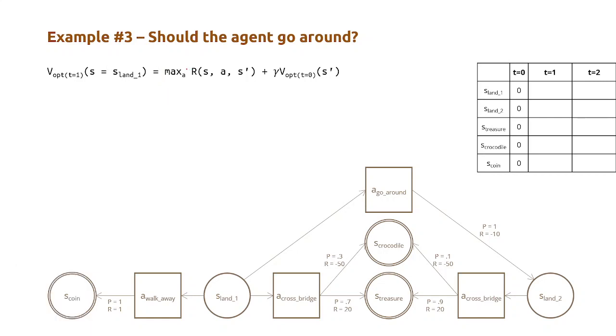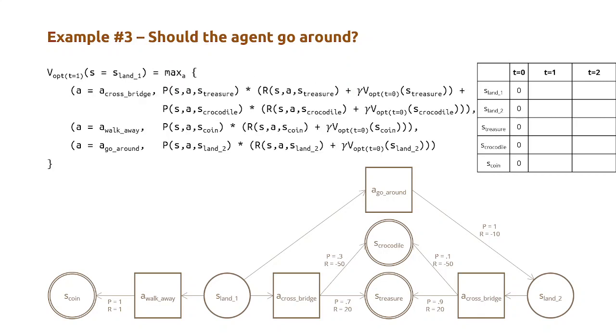Remember, we have the probabilities, right? So the probability of S, A, S prime times the expected utility of this. So you know the drill. We calculate the value of this one.